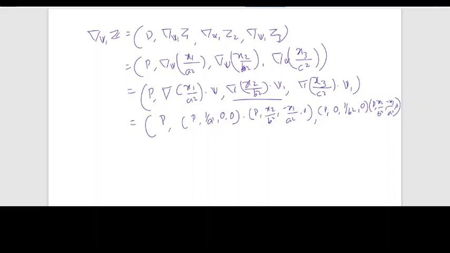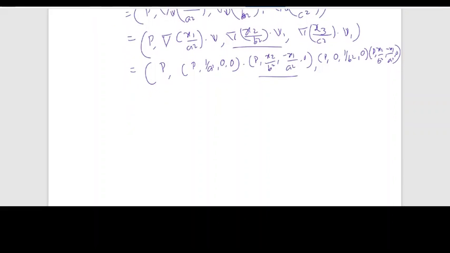Now this one is p (0, 1 by b square, 0) dot v1, same, then the last one is p (0, 0, 1 by c square) dot v1, that is (x2 by b square, minus x1 by a square, 0).